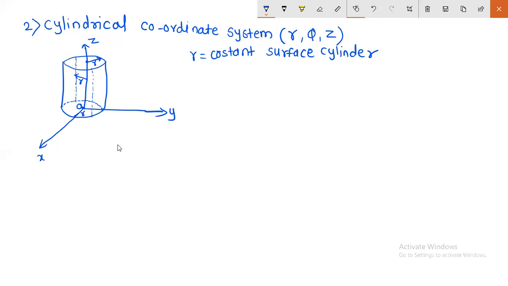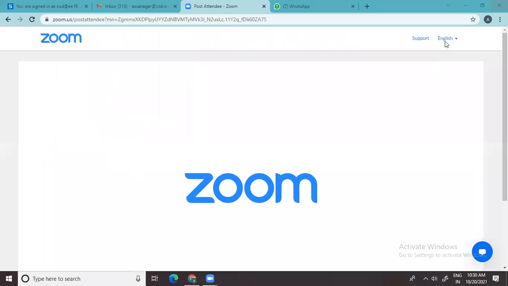If you consider any cylinder, how will its radius vary, or from which value will it start? At the center, on this z-axis, what is the value of the radius r of the cylinder? Anyone? Reply fast.